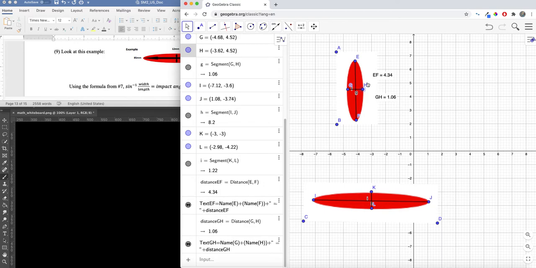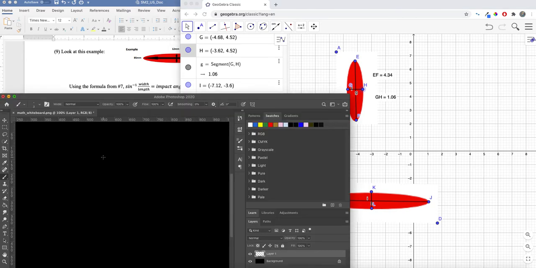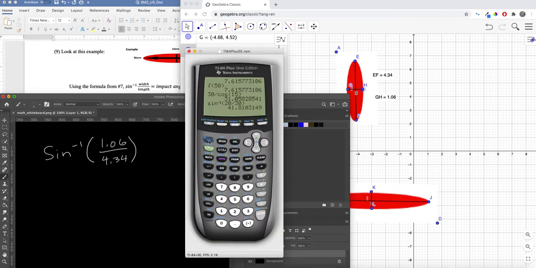Okay. So the formula is just inverse sine of the smaller one divided by the longer one. And so I'm just going to write that down. Inverse sine, the smaller one is 1.06 and the other one is 4.34. So I'll go to my calculator, second sine.